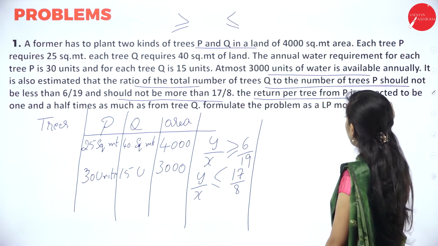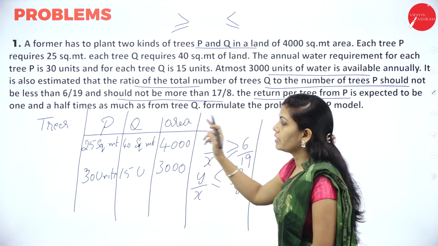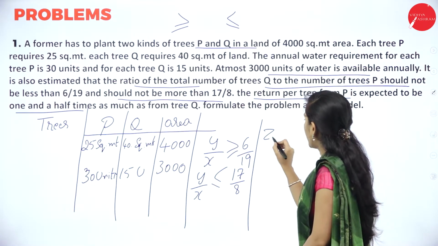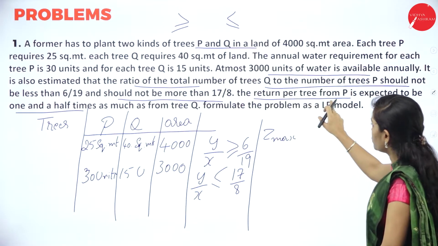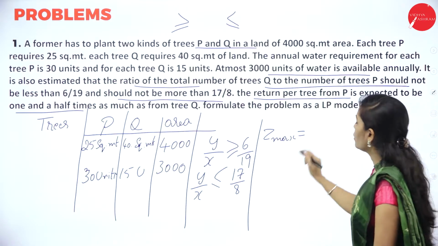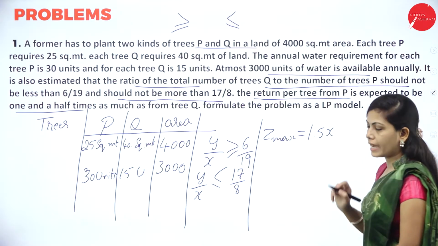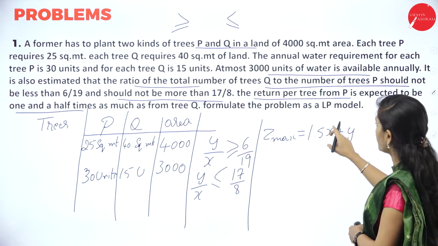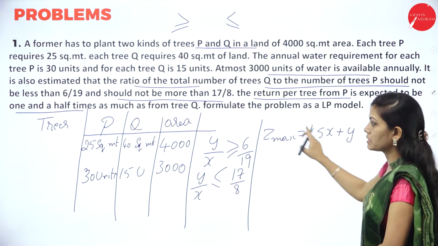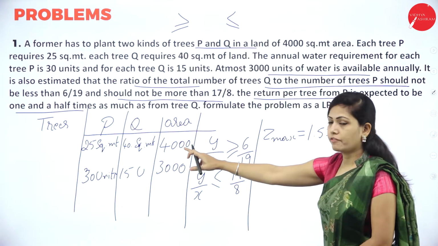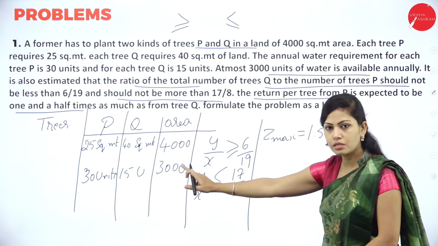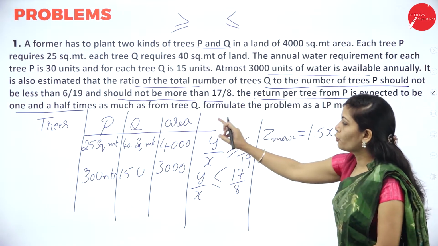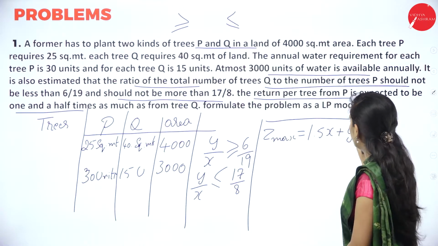The return per tree from P is expected to be 1.5 times as much as from Q. So X is P and Y is Q. So 1.5 times means 1.5x plus Y. So this is my objective function.